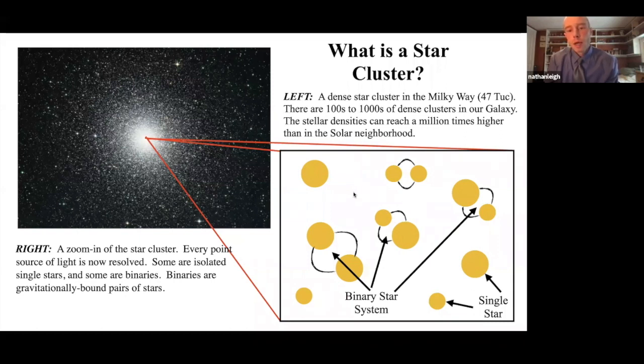And so the takeaway message from this is that most point sources of light are isolated single stars, not directly gravitationally bound to another star, but just to the potential of the host cluster. But we also see a number of unresolved binary star pairs. And so these are gravitationally bound to each other directly, while also being bound to the cluster. And we call these binary star systems.